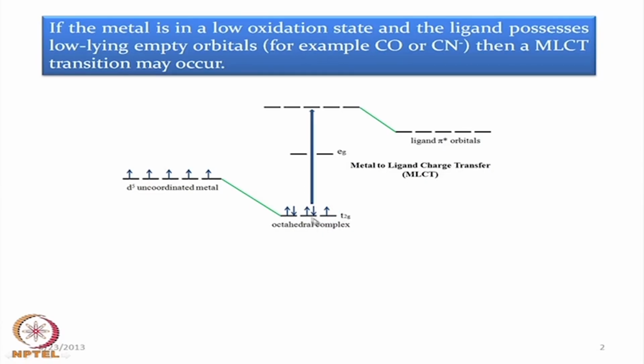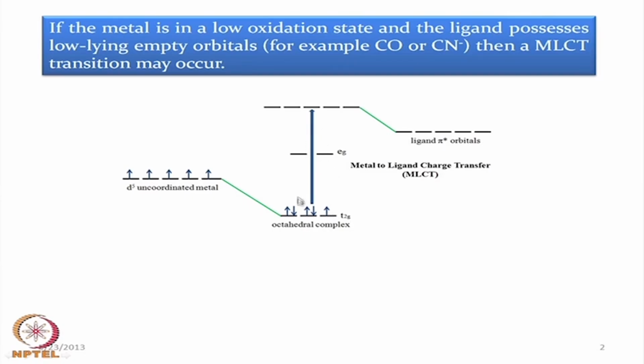calculations, where we find the percentage character of these orbitals. When we push the electron density from this level to the upper level, where we have the ligand pi star level, the transition is mostly probable where the t2g level electron density gives charge density to the ligand pi star orbitals, which are highly allowed transitions. There can also be transitions to the eg level, which are the d-d transitions.